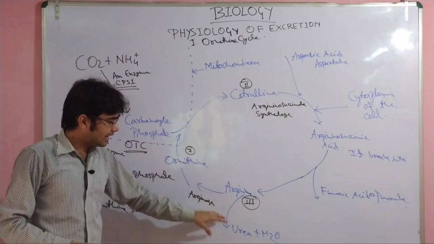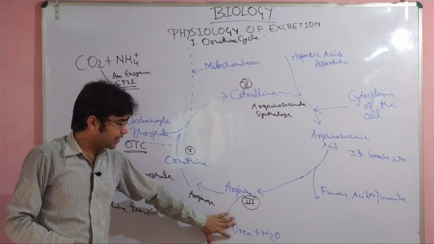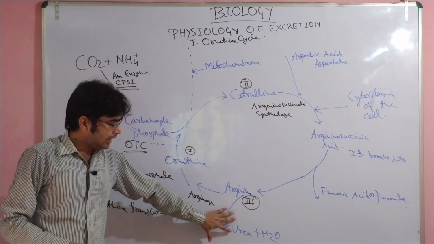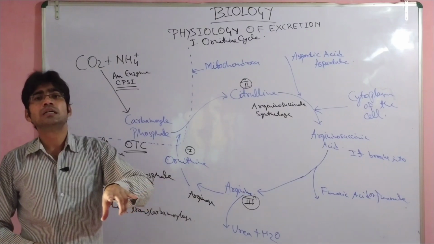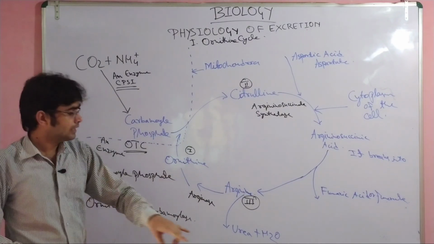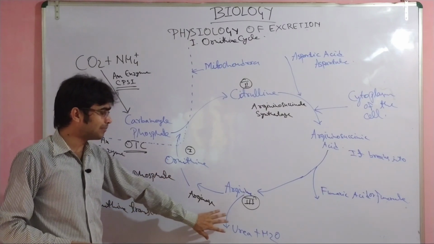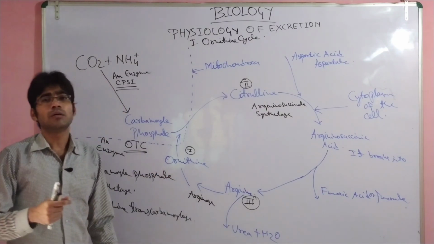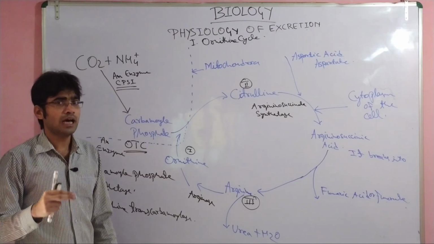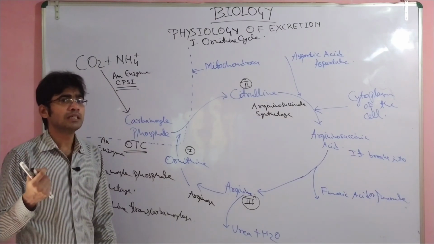Here the hepatic vein carries a rich amount of urea and takes it to the kidney for filtration. The renal vein contains the least amount of urea because the blood is filtered.